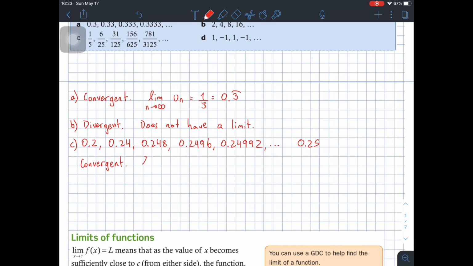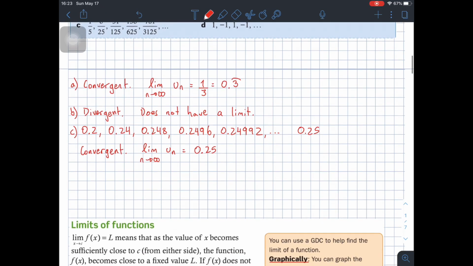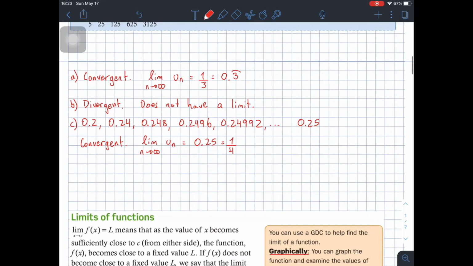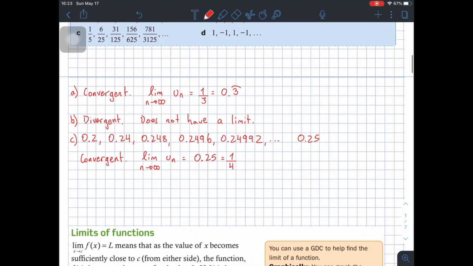And that the limit of u_n once again, when n tends to infinity, is equal to 0.25, right? This is our converging value or limit, which is the same as saying, if you want to write it as a fraction, 1/4, okay?